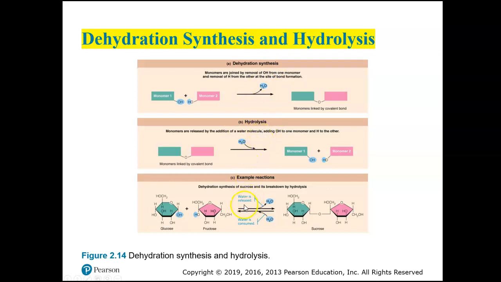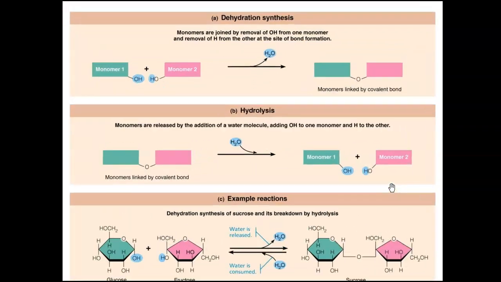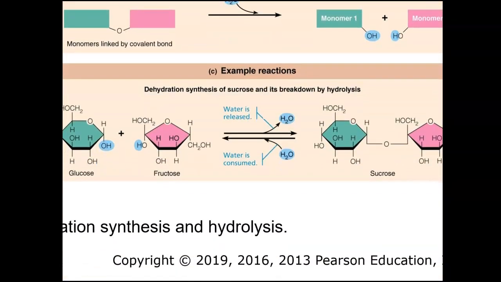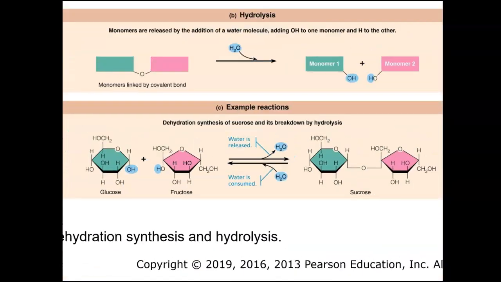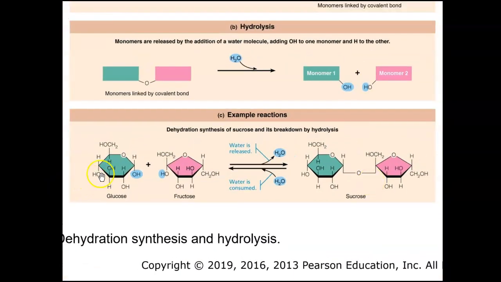If you look down here at the bottom at picture C, in fact, let's blow it up so you can see it better. In picture C, on the left, you're looking at the molecules glucose and fructose, which are both monosaccharides or simple sugars. So they're carbohydrates, but they're in the class of simple sugars.